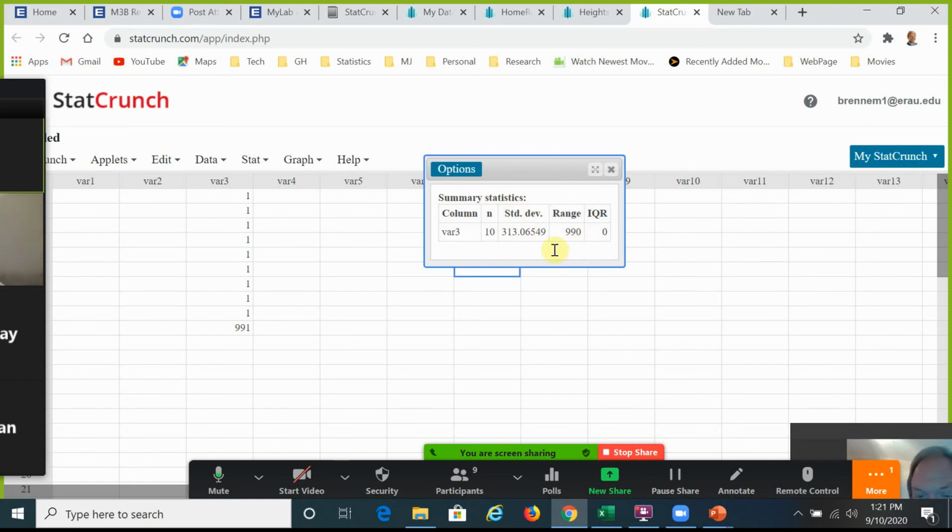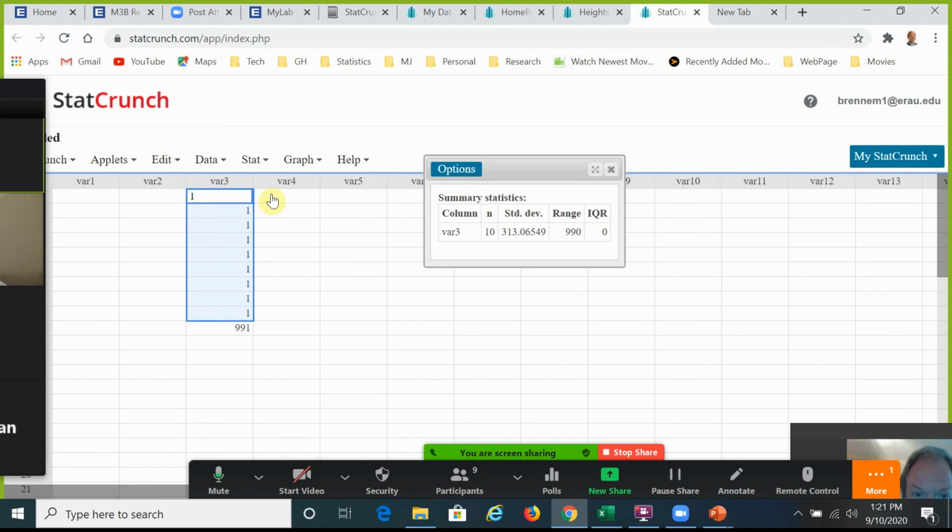Notice here that the IQR is 0. That's indicating that if you made a box plot, the width of that box would be 0. The range is 990. Notice what's going on. This one outlier is throwing everything off. Let me do the following. I'm going to copy this in this column.